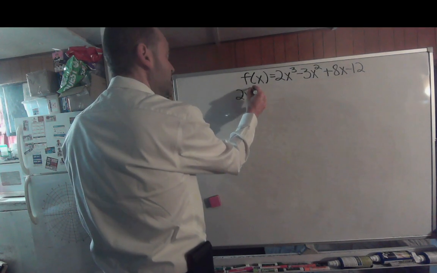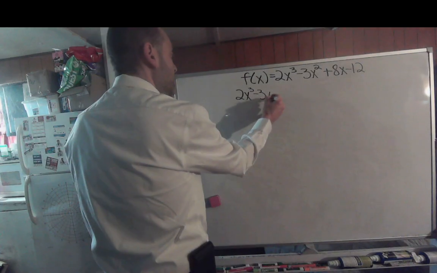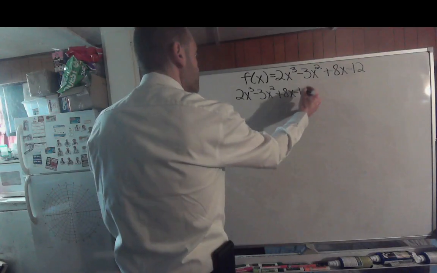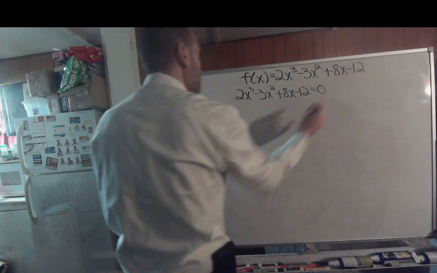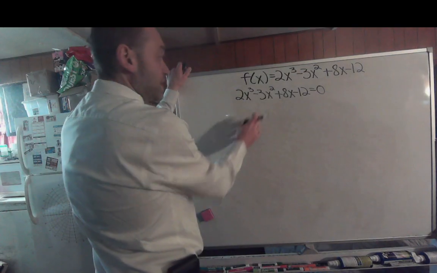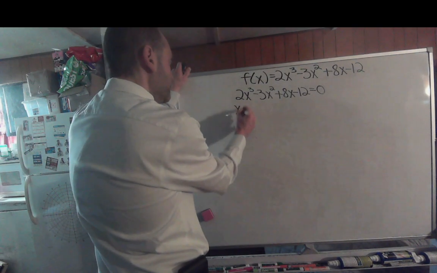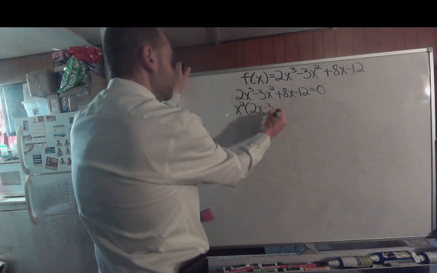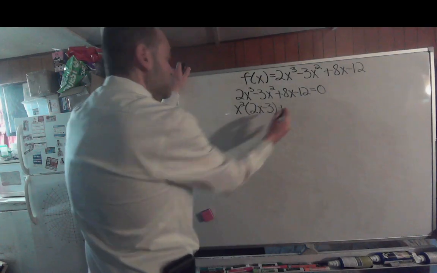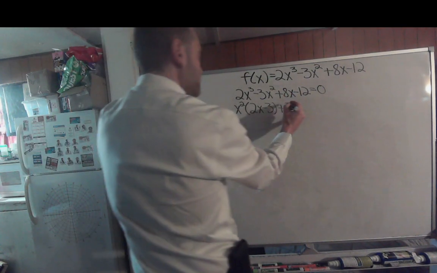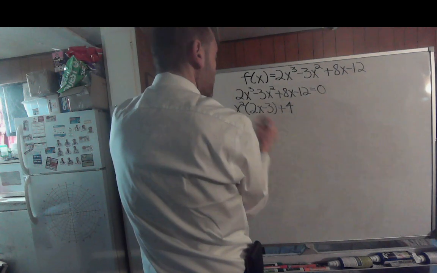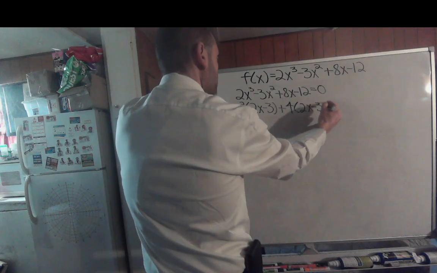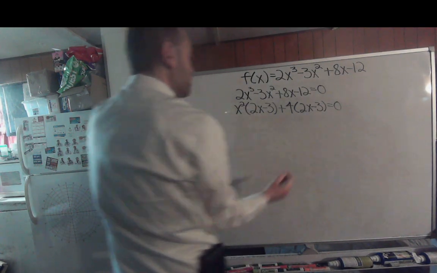So 2x to the third minus 3x squared plus 8x minus 12 is equal to 0. Factoring by grouping, this will turn into x squared times 2x minus 3 plus, for your 8x minus 12, you can factor out a common 4, times 2x minus 3, equal to 0.